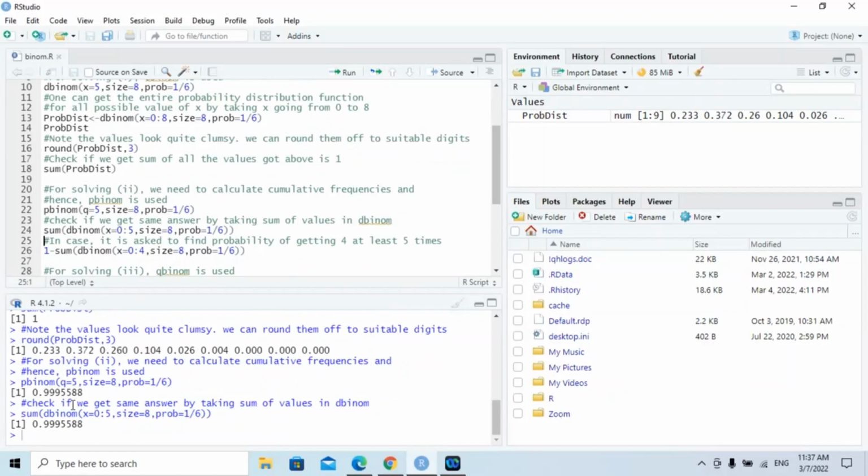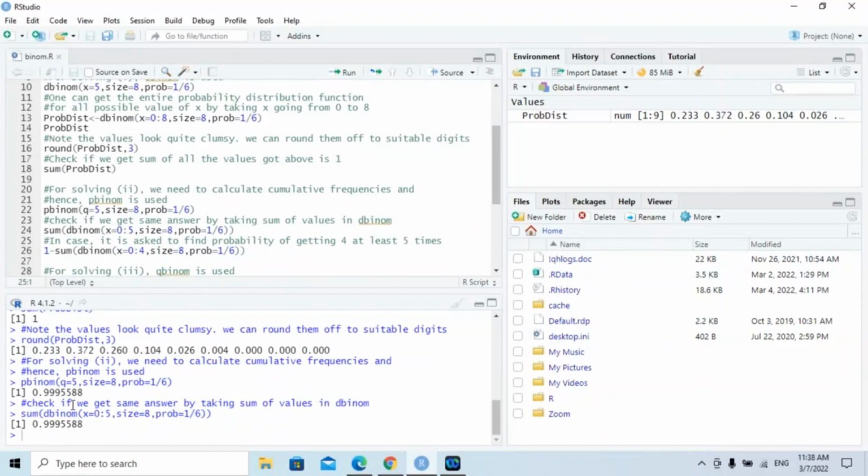So obviously we know that if we calculate the probabilities for x taking value at the most 5, similarly, I mean, we can find out the probabilities that capital X takes values at least 5, at least 6 or something like that. And then what we do is we subtract the cumulative probabilities from 1.